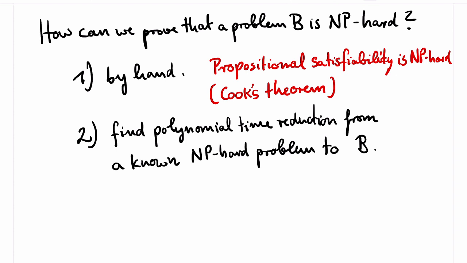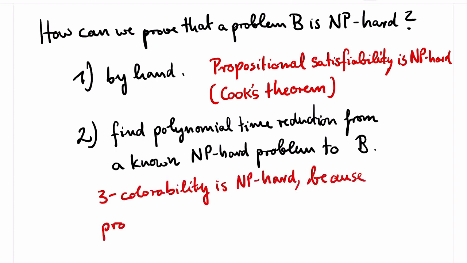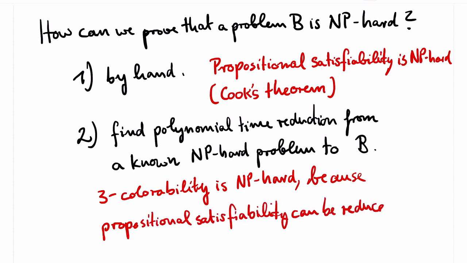And in this way, you will, for instance, be able to prove that 3 colorability is NP-hard because you can reduce the propositional satisfiability problem to the 3 colorability problem.